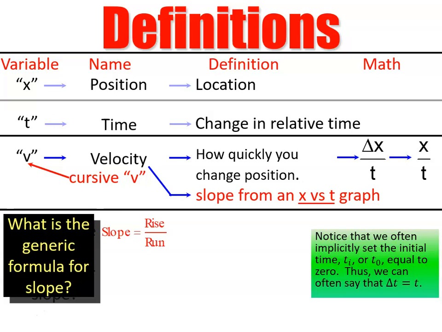Rise is the change in your vertical coordinate, or your vertical quantity, so delta vertical quantity. What is run? Well, run is the change in horizontal coordinate, so delta horizontal quantity.